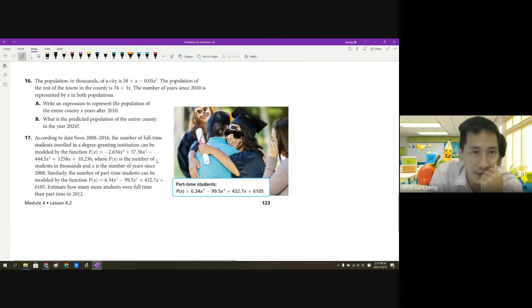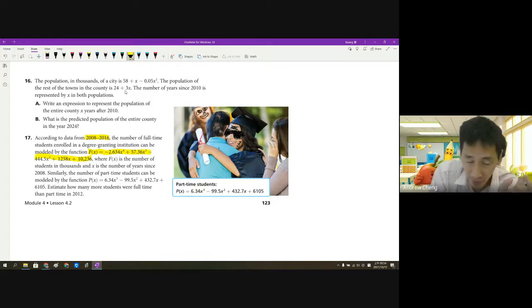According to the data from 2008 to 2016, and highlight the important number or message. The number of full-time students enrolled in degree granting institutions can be modeled by the function, blah blah blah. Right, this ugly function.